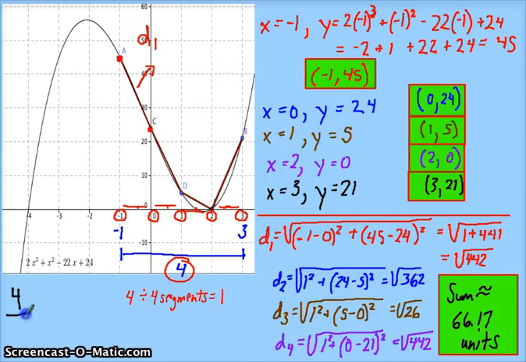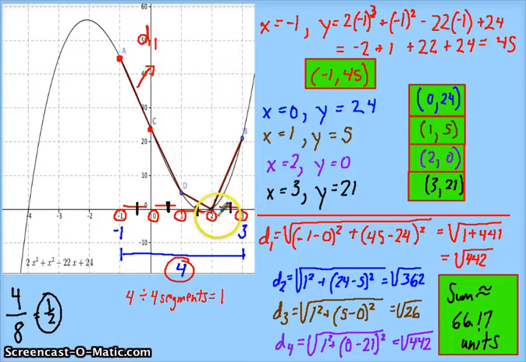If we're going to use 8 segments, that would be 4 divided by 8. That would mean that each smaller interval is a half. And so then I would have 9 points: -1, -half, 0, half, 1, 1.5, 2, 2.5, 3.